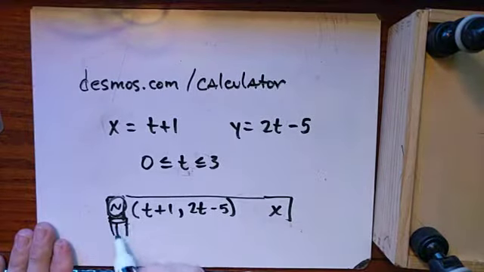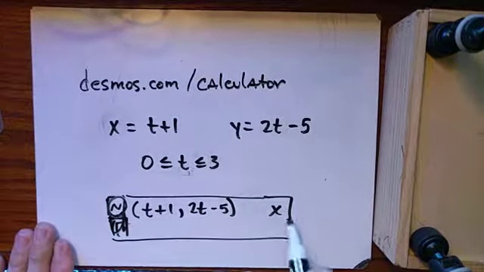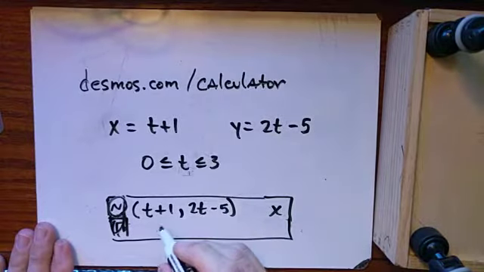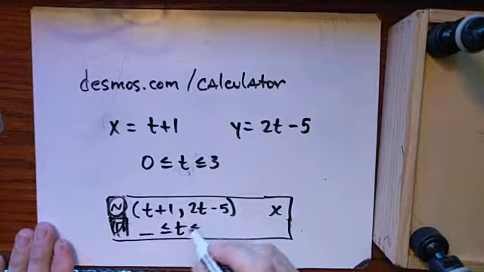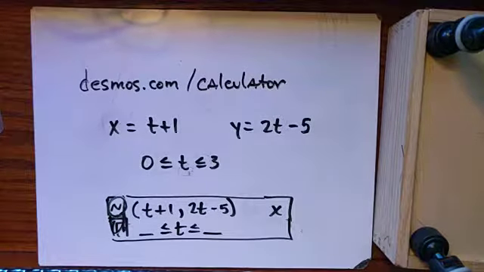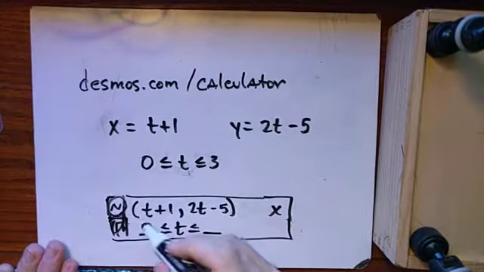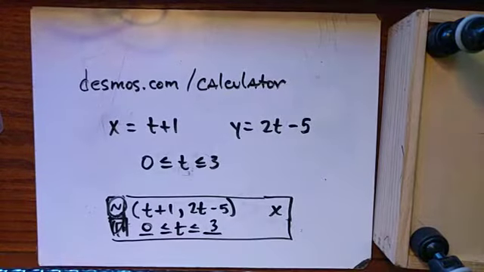But in any event, what will pop up underneath this is a blank, a t, and a blank. Well, you can put in 0 in that spot and 3 in that spot to indicate the restriction for the domain variable, right?